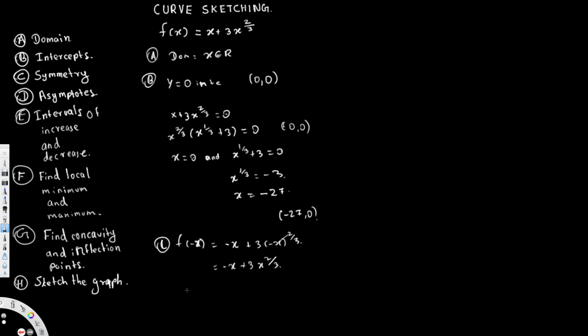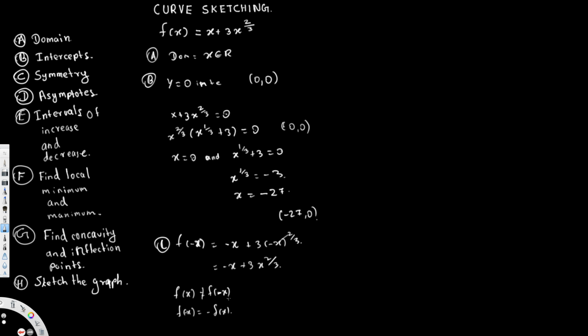To check whether it is an even symmetry, we have to know whether f of x is equal to f of minus x. If both of them are equal, then it's even symmetry. But in this case, this is not equal to the original function, so this is not even symmetry. To check whether it is odd symmetry, f of minus x should be equal to minus f of x.